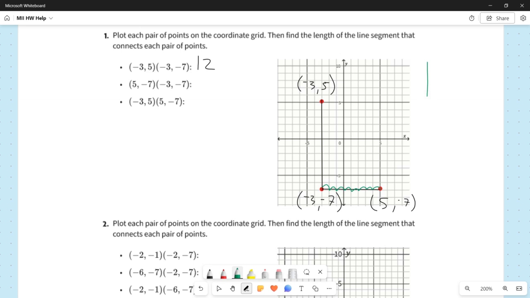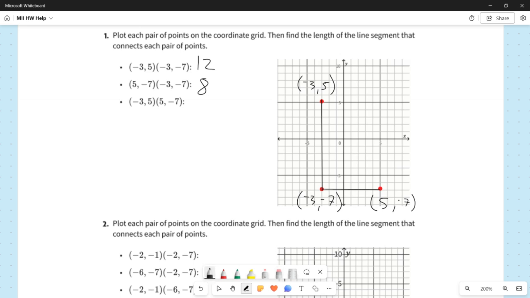Notice also that this is the absolute value of -3 minus 5. So the absolute value of -8 is 8. It's actually just 8, sorry. So anyway, our length here is 8. Can erase all that and erase the counting.